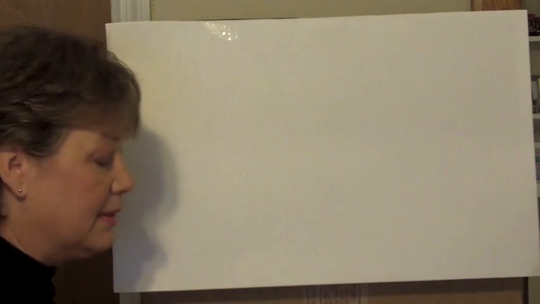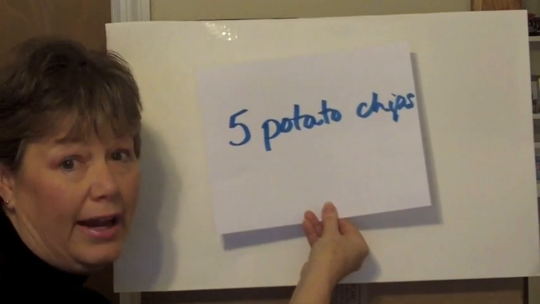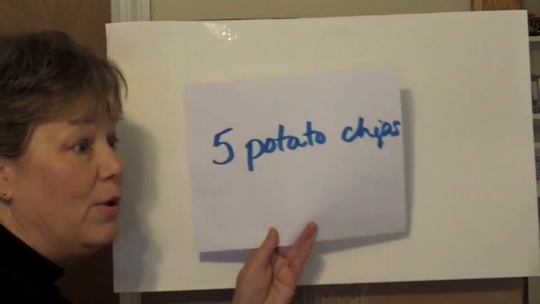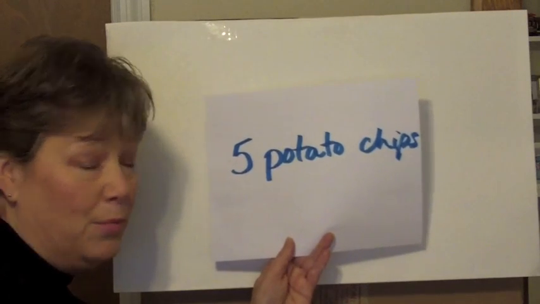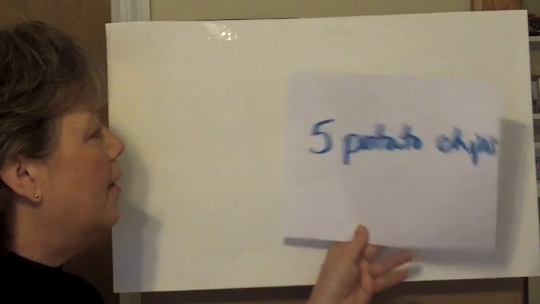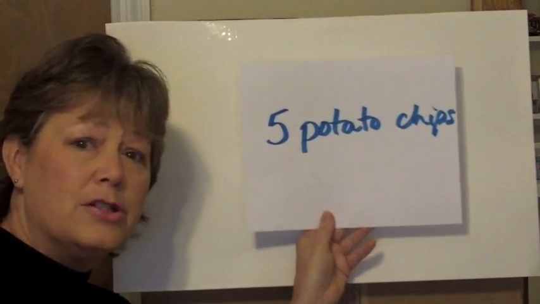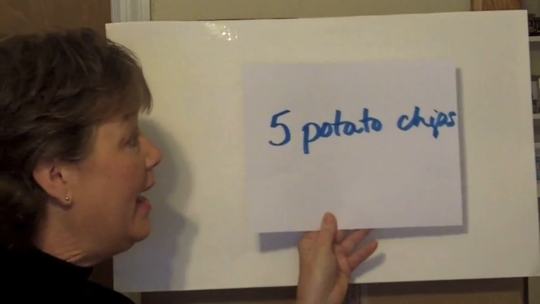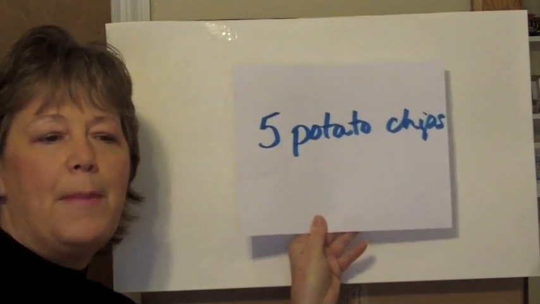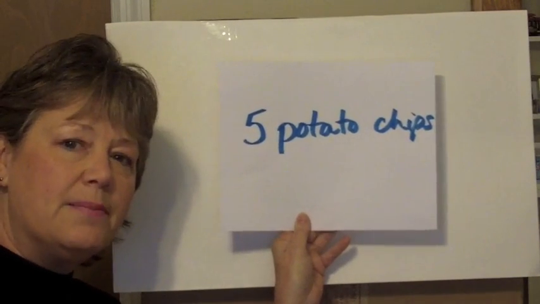On the other hand, if I was measuring potato chips, much lighter to weigh, I would probably use a little bit different scale, maybe one of those pan balance scales that would be a little more sensitive to a lighter weight. And I would probably measure that not in pounds, but maybe in ounces and in milligrams. So I just want you to think about the different ways that we measure and the units that we use.